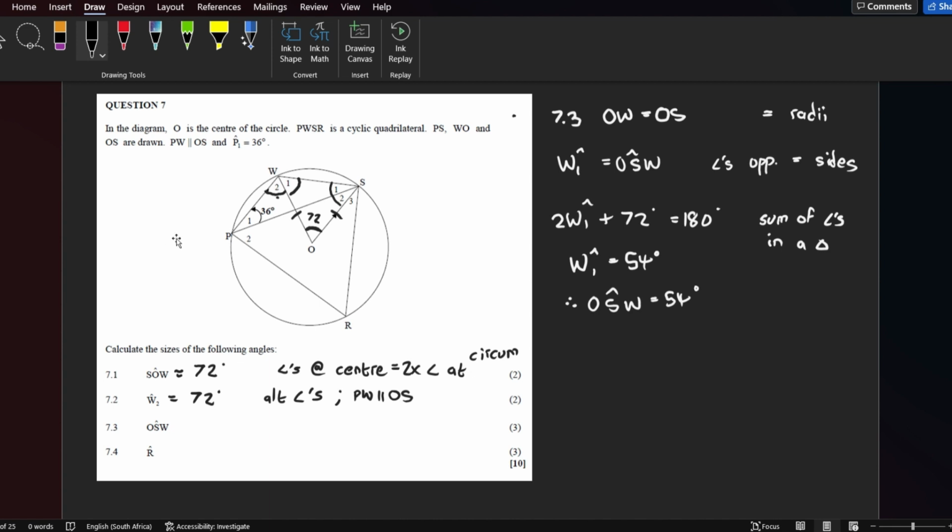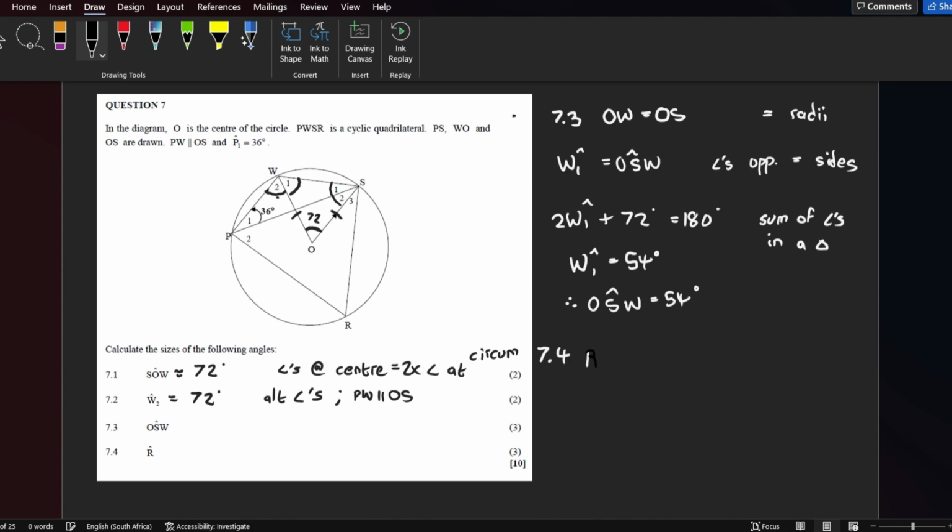We are not given an exterior angle, so we should be on the lookout for theorem 5. And we see that we should be able to use theorem 5 to solve for angle R. Why? Because theorem 5 states that the opposite angles of a cyclic quad are supplementary, meaning they add up to 180. So R plus W2 and W1 should be 180, and we've already solved for W1 right there, and we've solved for W2 there, so we can simply go ahead and use that reasoning and expression.